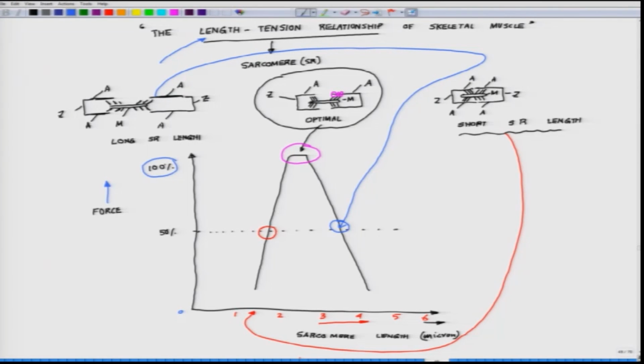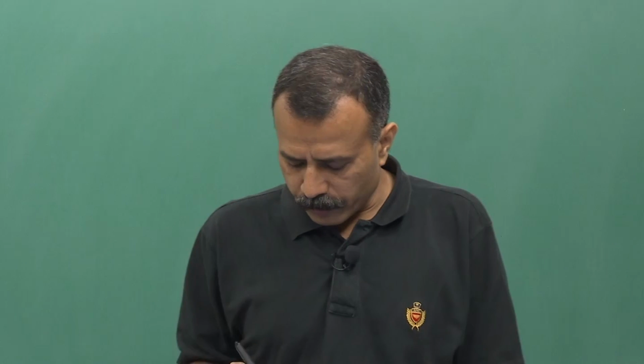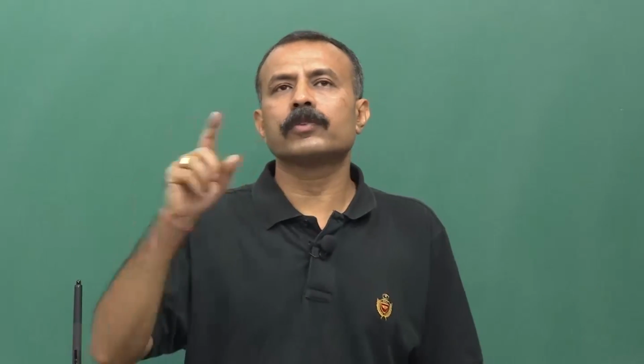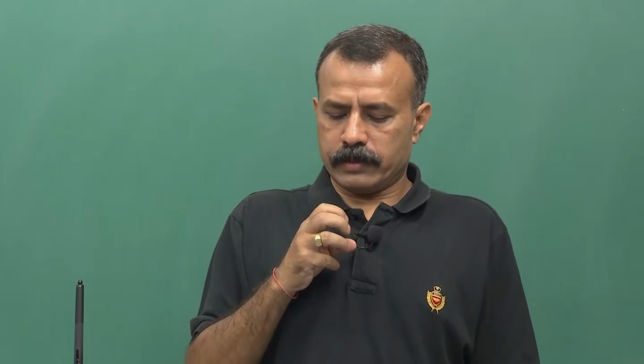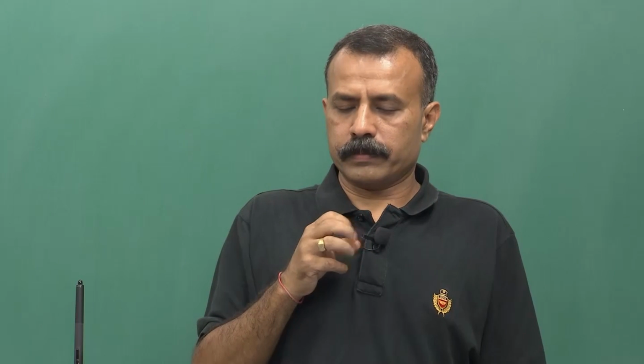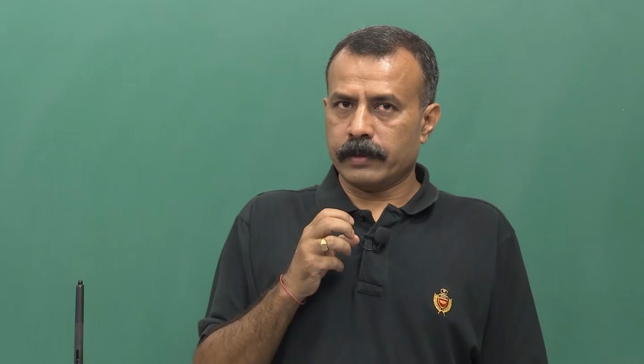Now, if you remember, we talked about how we started this topic. I told you that if you look at your heart, the cardiac muscle, they are doing like this, right. You can feel that your heart is beating.